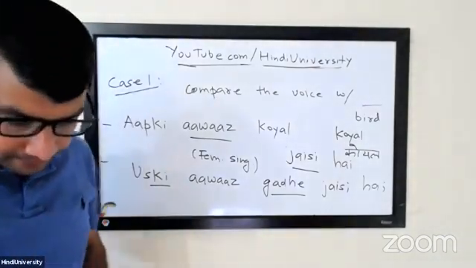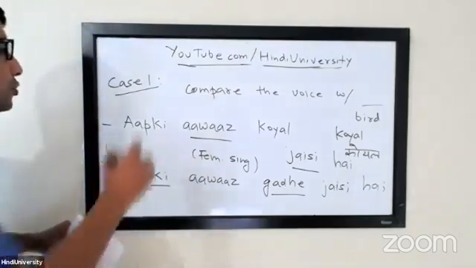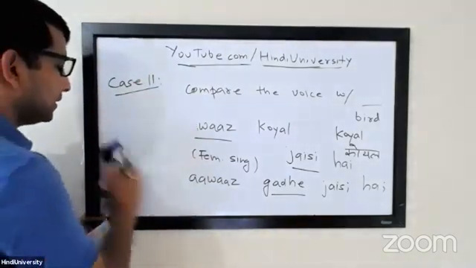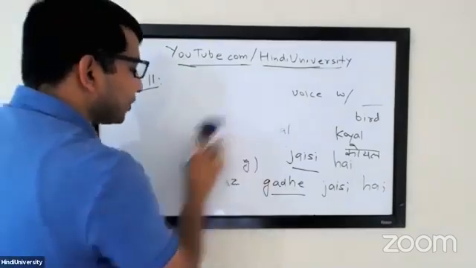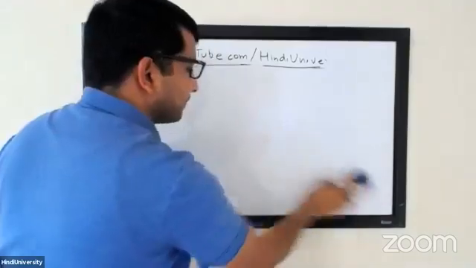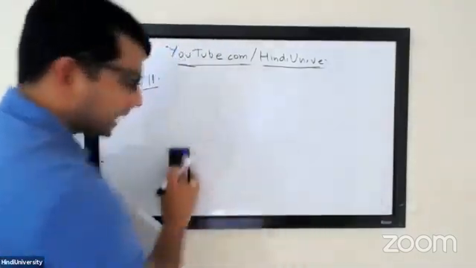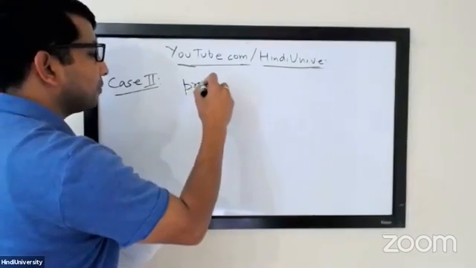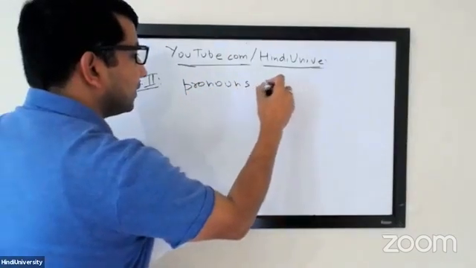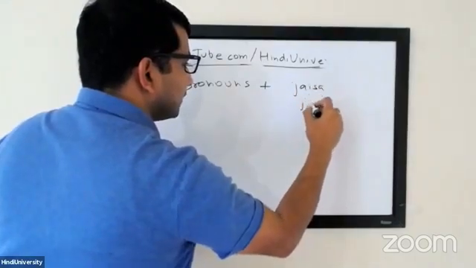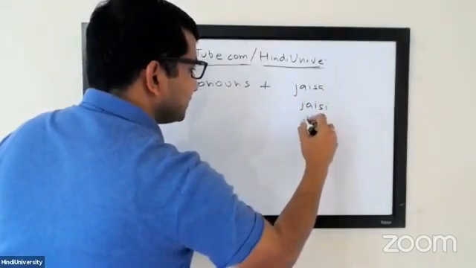Now we'll take case 2, in which we will put the pronouns which are followed by jaisa, jaisi and jaise.